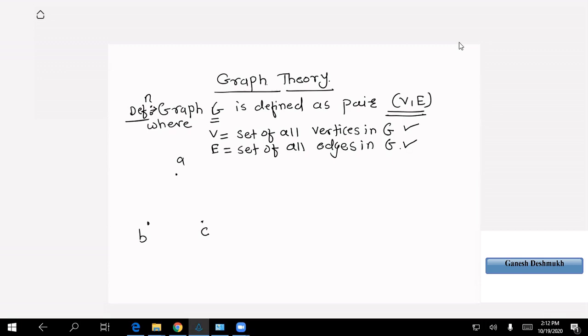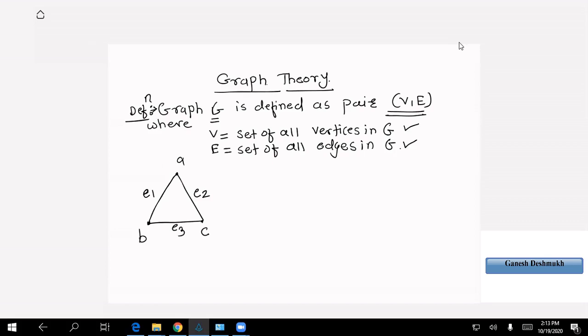If I want to join vertices A and B, I can draw an edge between A and B, and I can also name this edge, say E1. Similarly, I can join the vertices A and C, then B and C, and name these edges E1, E2 and E3.